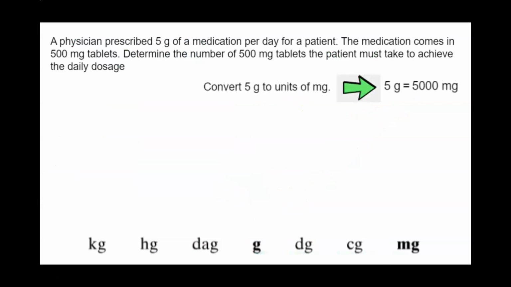For this particular case here, we have a physician who prescribed 5 grams of medication per day for a patient. The medication comes in 500 milligram tablets. So one tablet is equal to 500 milligrams. Determine the number of 500 milligram tablets the patient must take to achieve a daily dose.